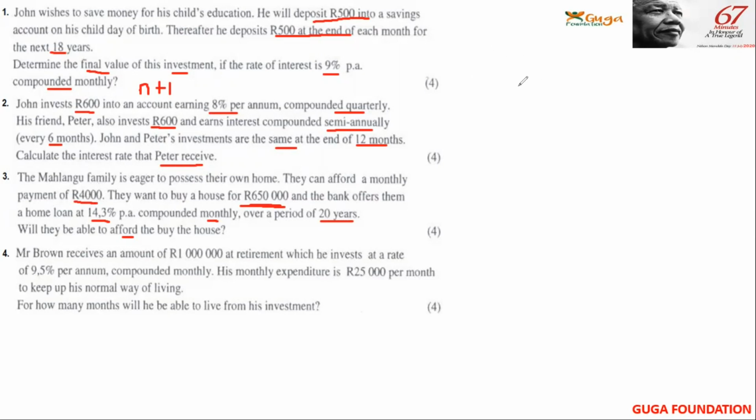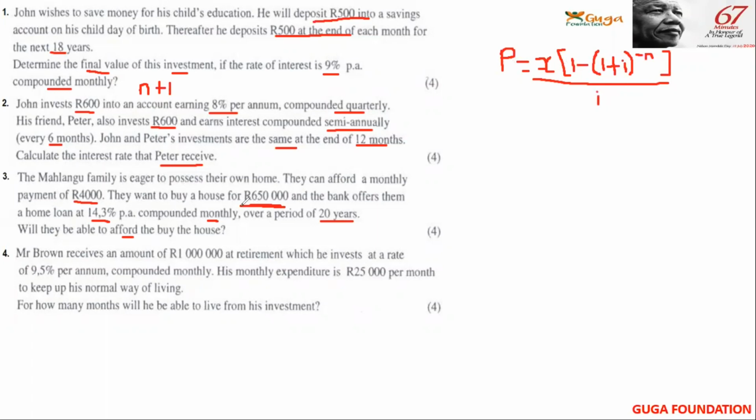So P is equals to X into 1 minus 1 plus I to the power negative n, all over by I.